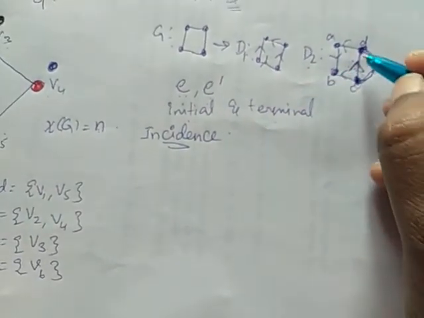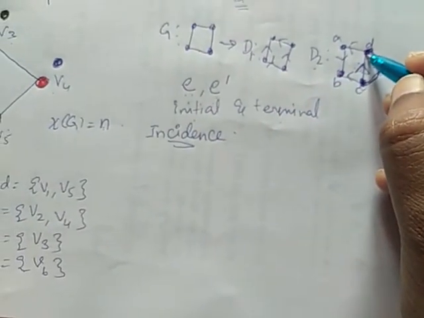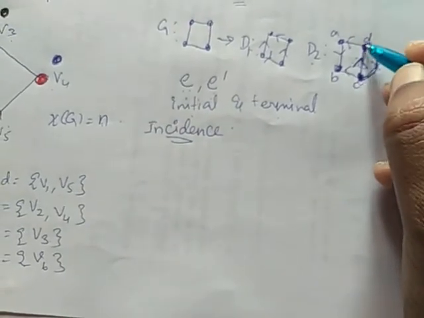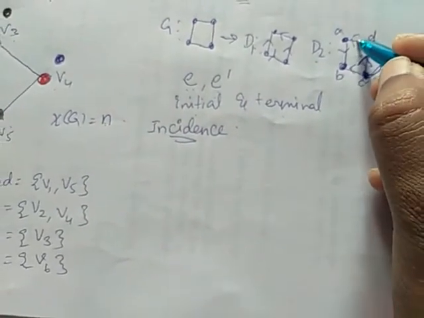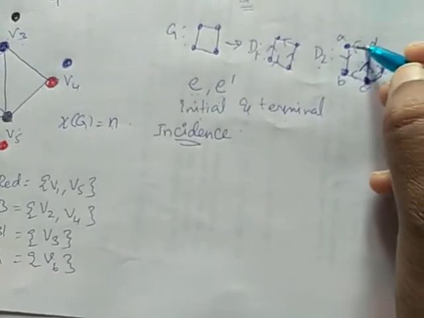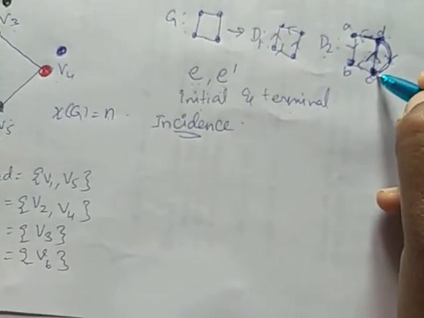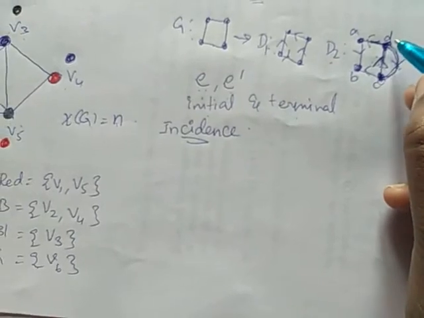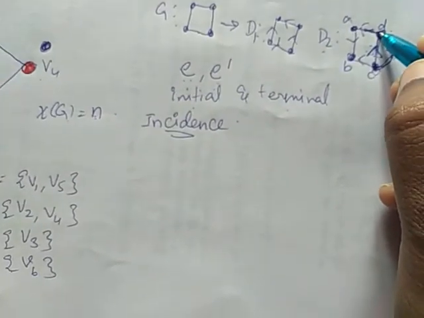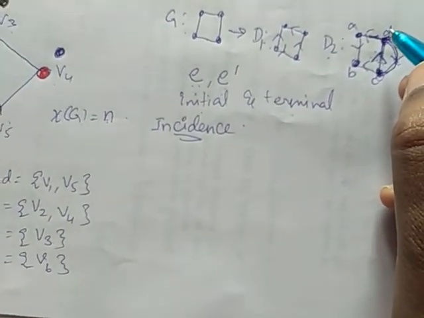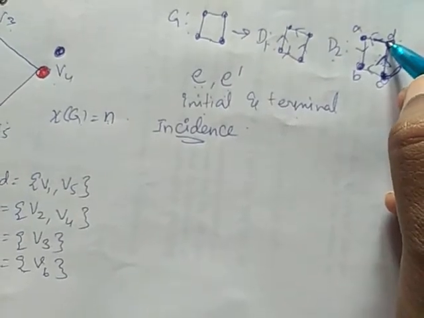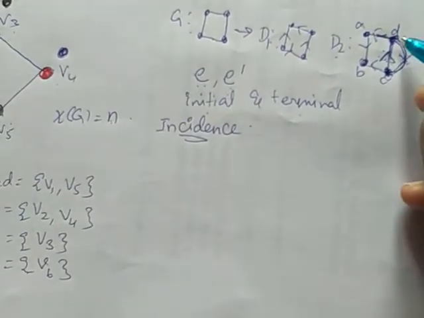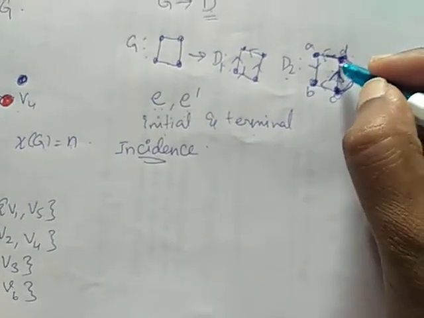One vertex from which the edge begins, and the other at which it ends. If an edge begins at a vertex, then that vertex is incident.